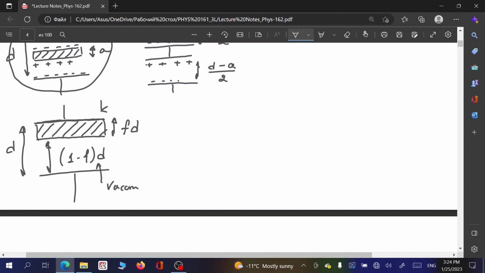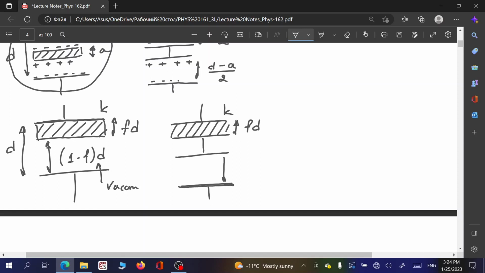So we represent it as a system of two capacitors connected in series also. The first capacitor will be filled with the dielectric material, dielectric constant K, and its thickness will be f times d.